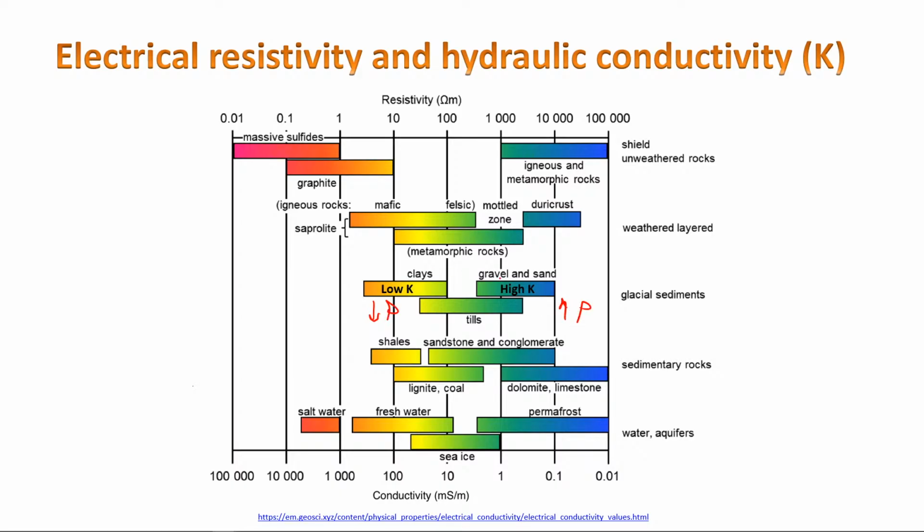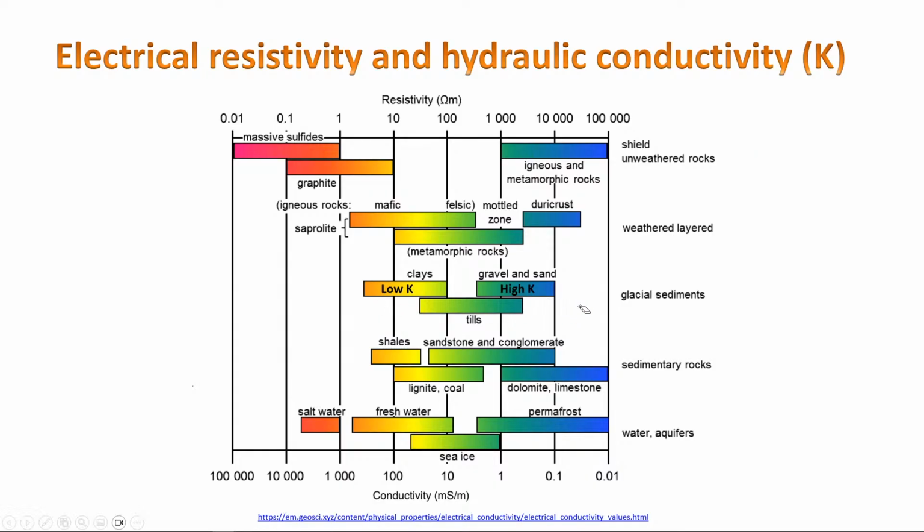Then when you look at these images, you'll say, this is an area of low resistivity, and this is an area of high resistivity. So I could interpret this as sand and gravel, and this as clay, for example.